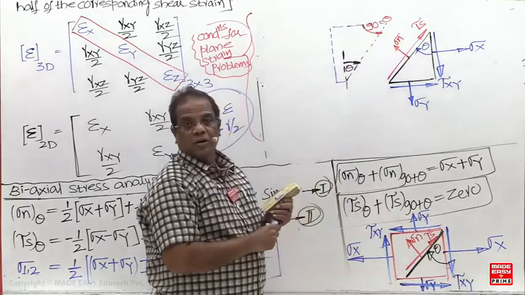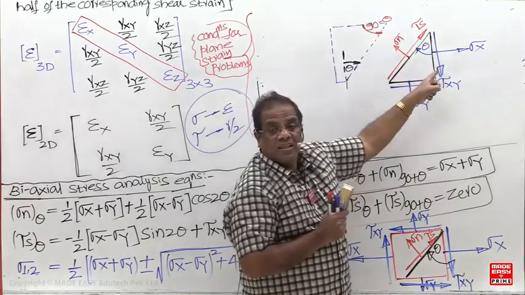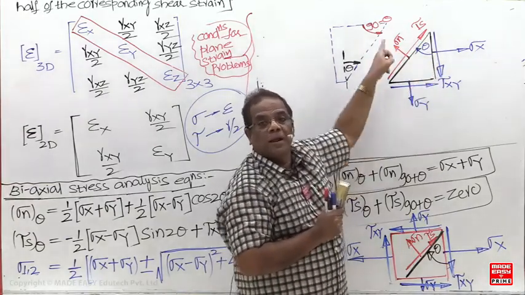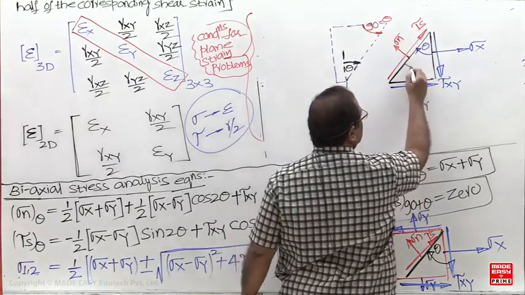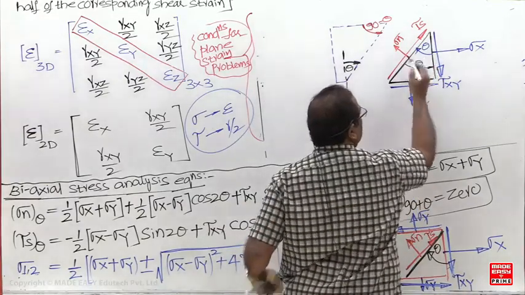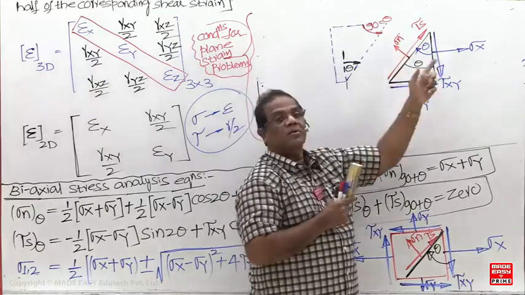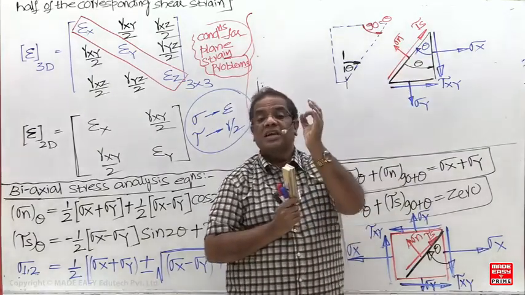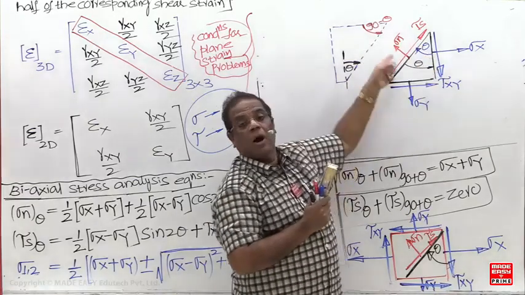Everybody is going to get a doubt now. Sir, the clockwise, anti-clockwise, how do you know, sir? I'm going to always keep the arrowhead towards the oblique plane. Somebody is going to keep it like this, and say, sir, you are mentioning clockwise, but it is anti-clockwise. Always the direction of the arrowhead should be towards the oblique plane.